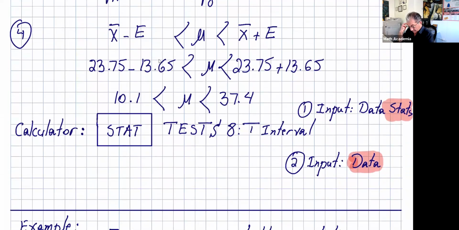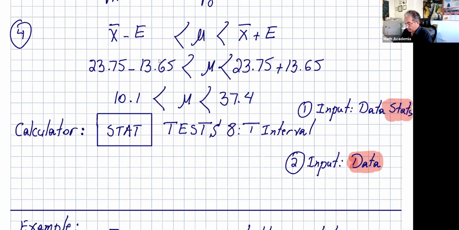So now if you want to use your calculator just to find the interval, go to stat, highlight test, scroll down to number 8. You're going to see T-Interval. For input, you're going to see data and stats. If you have the mean and the standard deviation, highlight stats.